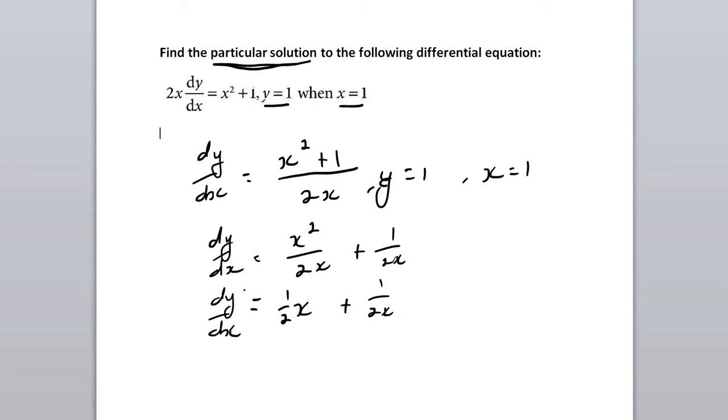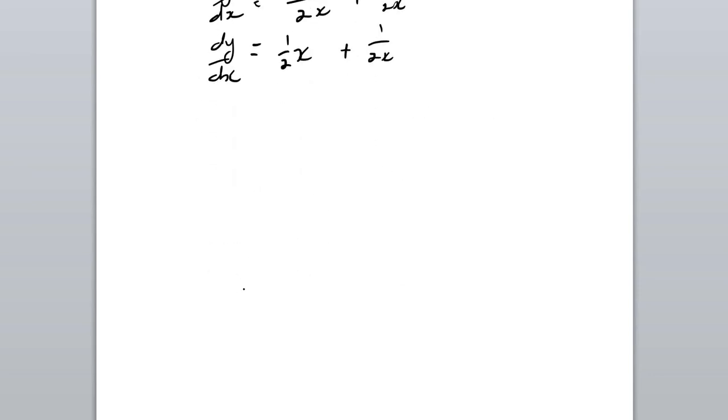Now let's integrate this to find the original equation. If I take the integral on both sides, y is equal to the integral of a half x plus 1 over 2x, integrating in terms of dx.